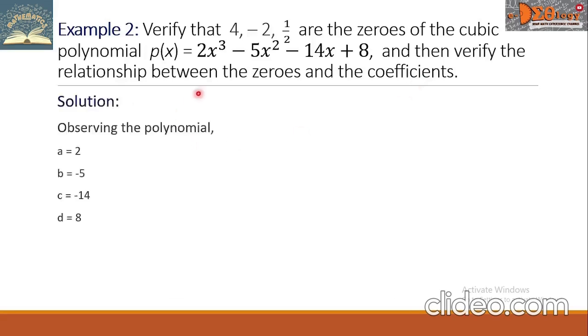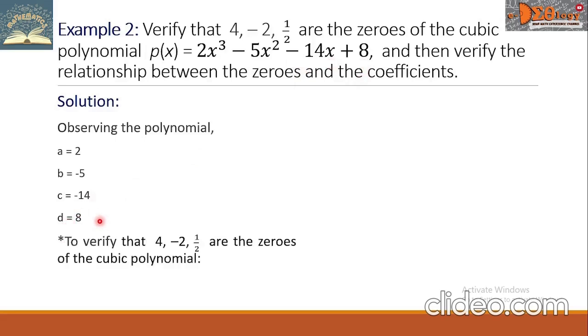Take note that in our polynomial, a is equal to 2, the coefficient of x cubed. B is equal to negative 5, the coefficient of x squared. C is the coefficient of x, that is negative 14. And D is the constant, positive 8.